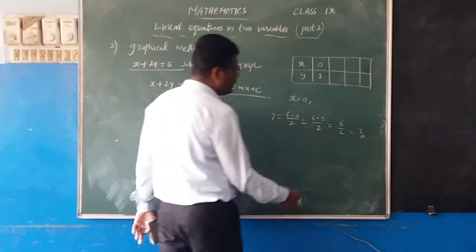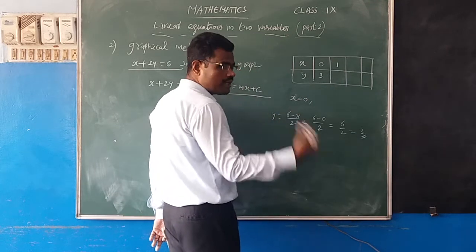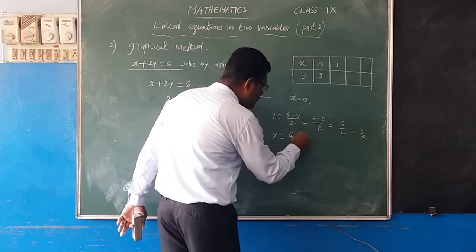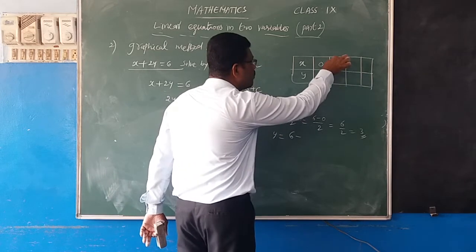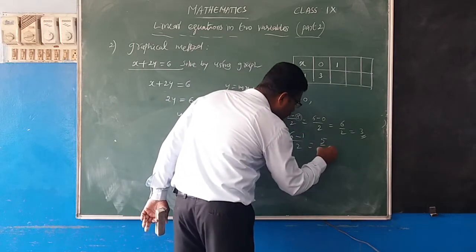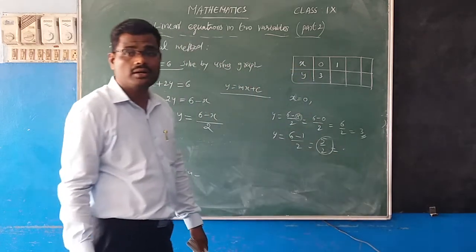Now let's take 1. First you see, afterwards you can write. So y is equal to 6 minus, in the place of x we need to substitute 1, divided by 2. 6 minus 1 is 5 by 2. 5 by 2 is a fraction. We cannot take it.